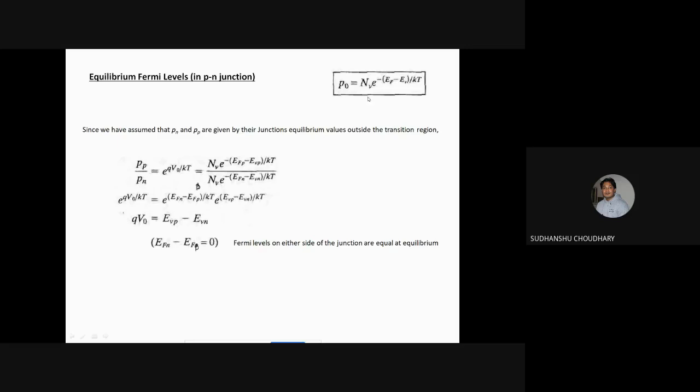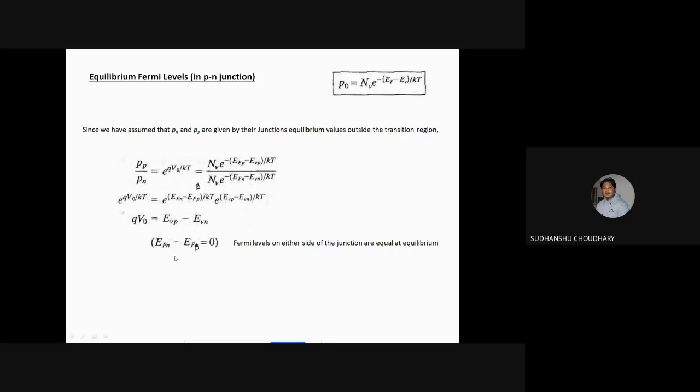One can write PP is Nv e to the power minus EF minus EV by KT. Since it's a p-type semiconductor, we say EFP and EVP. In fact, there is no point in mentioning EFP here, because at equilibrium it's only EF, but since it's a p-type semiconductor, let's say EFP.